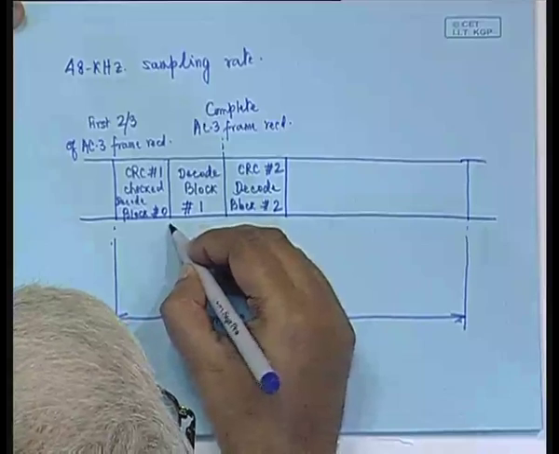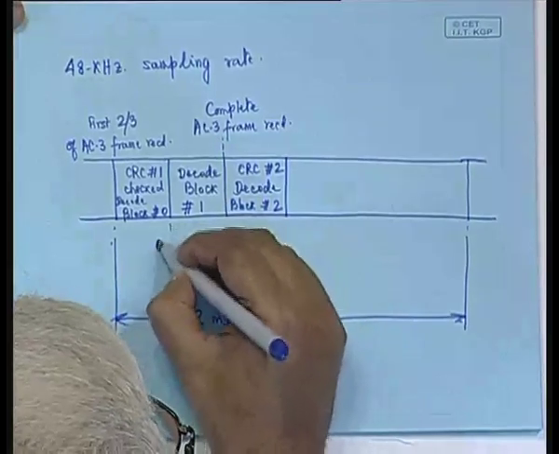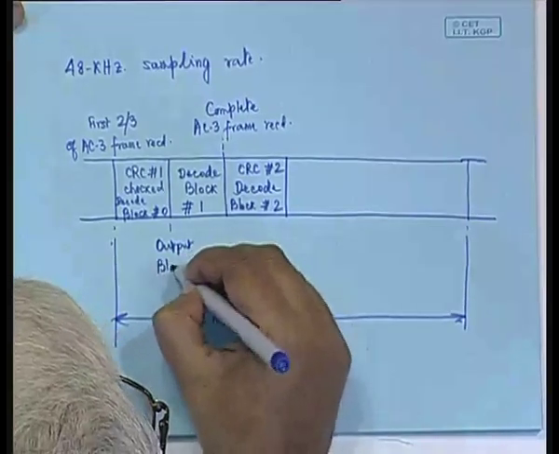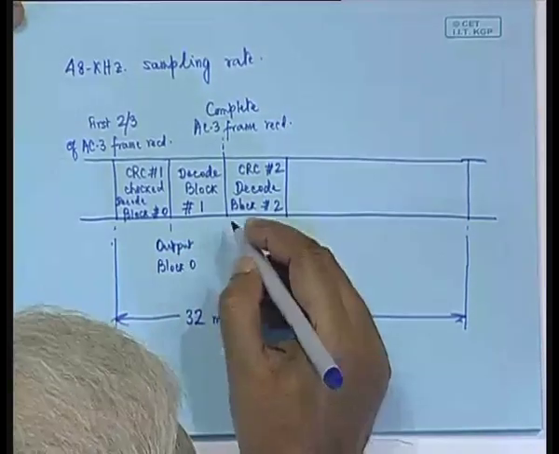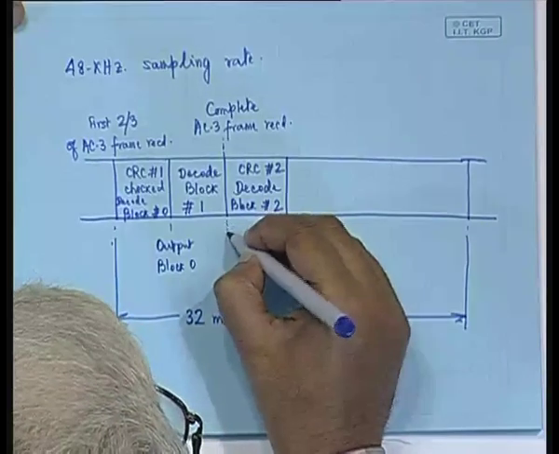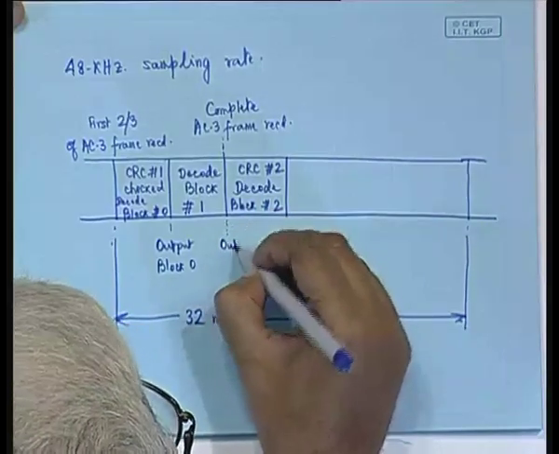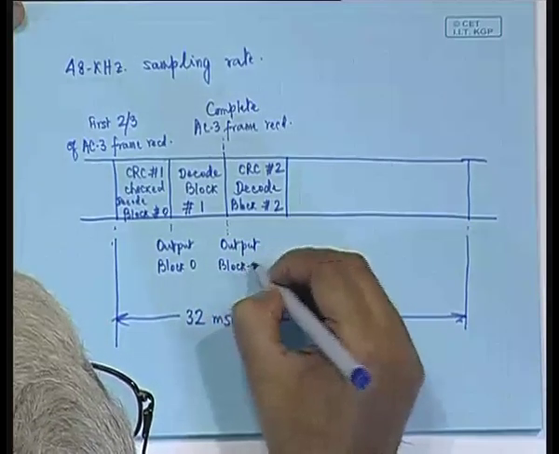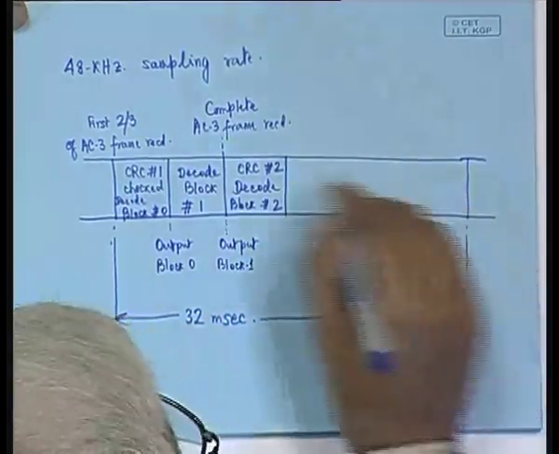And then this is decoding of block number 2. So, after decoding block 0 you can output block 0. Then after decoding block 1 you can output block 1, and so on.